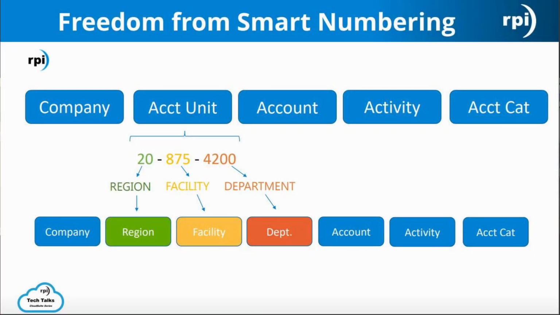Dimensions give us some freedom from smart numbering. This is the current version 10 code block where we had company, accounting unit, account, activity, and account category. And in our accounting unit, we may have had an accounting unit that we used some smart numbering where we had 20 represented the region, facility was 875, and the department was 4,200.